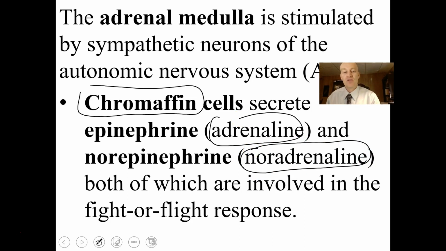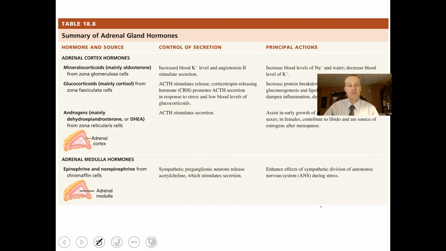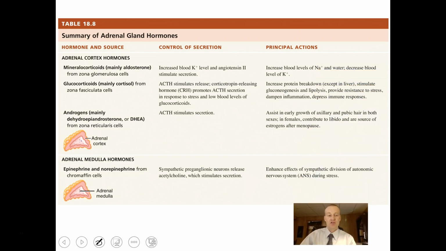Both of these are involved in the fight or flight response, so it prepares you to fight or defend yourself in a stressful situation, or to run away. This is just a graphic showing you what controls the secretion and what the actions are. You may want to take a look at that.